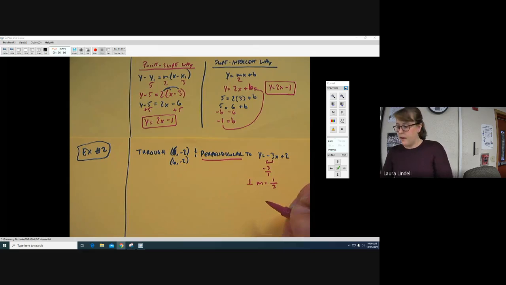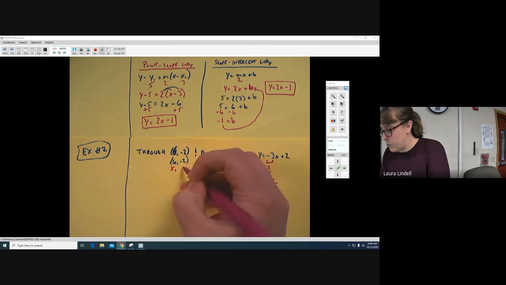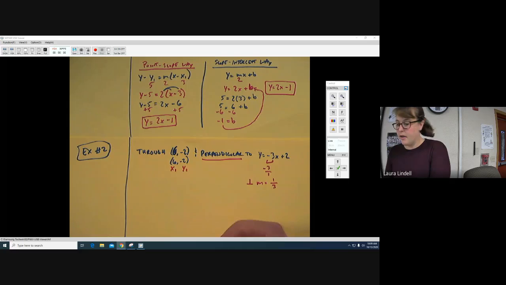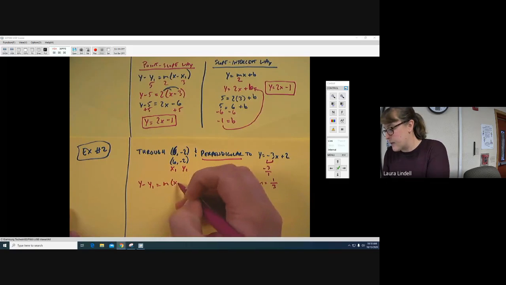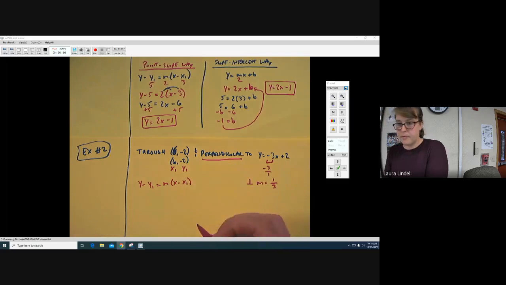Okay, then this is my x1, y1. And reminding myself, I'm going to do the point slope way. If you prefer the slope intercept way, go for it. We have y minus y1 equals m times x minus x1.